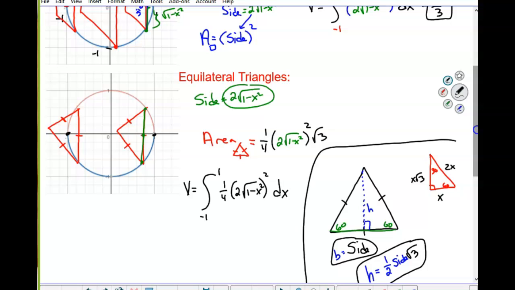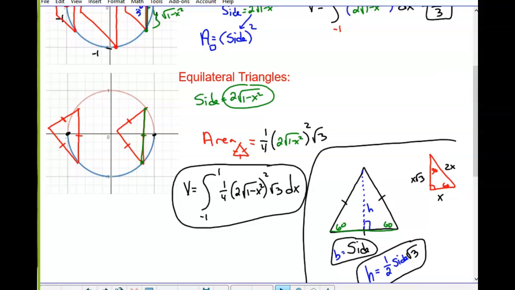You don't get any extra points for writing it in a really nice, friendly notation. So that will give me the volume of everything added up. And then we can check that in our calculator.